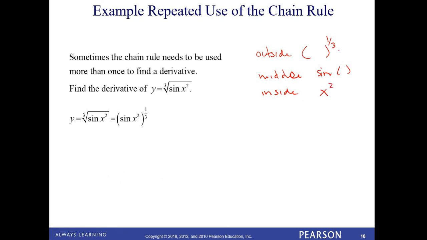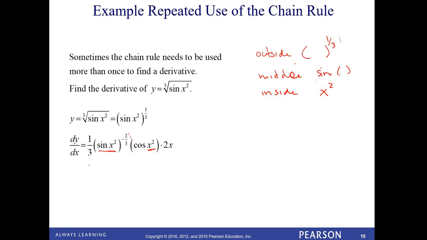Alright, so the derivative of the outside, leave the inside alone. So 1/3 comes down, that doesn't change, my power is subtracted by 1. So that's the derivative of my 1/3 power function. The next one I have to take the derivative of is my sine. So derivative of sine is cos. Again, don't touch that inside function. And the last thing is to differentiate my x squared to 2x.